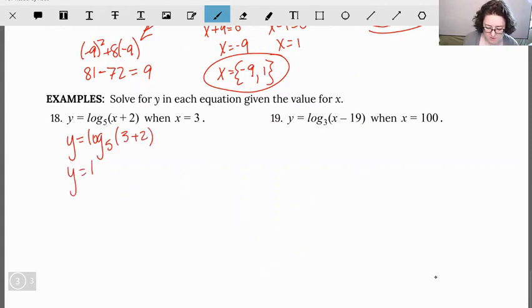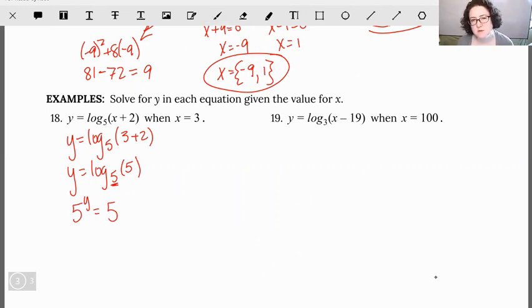So y equals log base 5 of 5. Now let's change it into exponential form and see what happens. So base is that 5, raised to the y equals 5. Well, what power can we raise something to and get the same number out? So y equals 1.